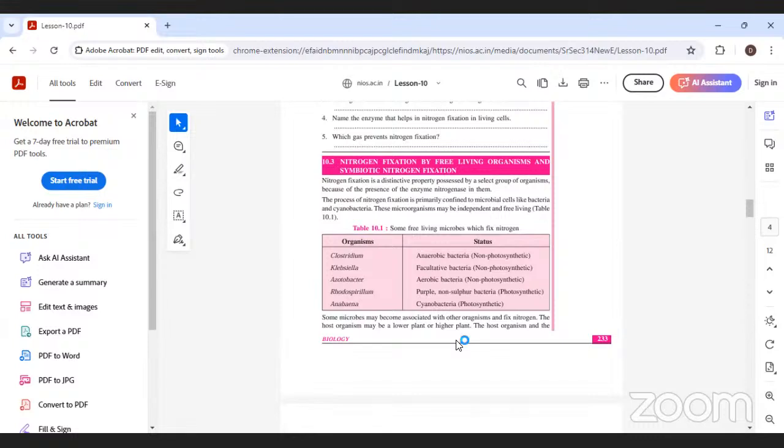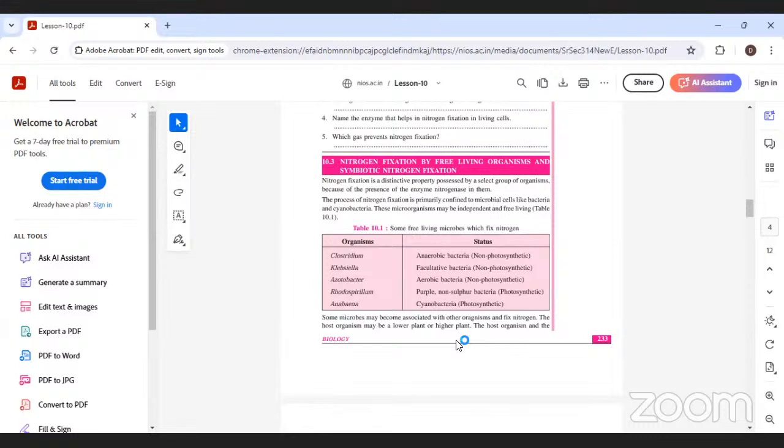Nitrogen fixation is a distinct property proposed by a select group of organisms, because of the presence of the nitrogenase enzyme in them.